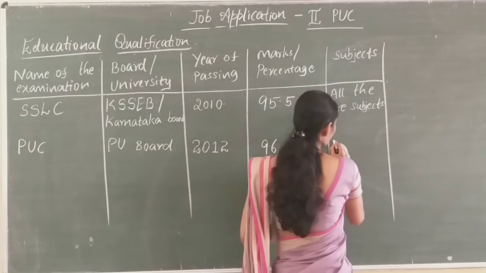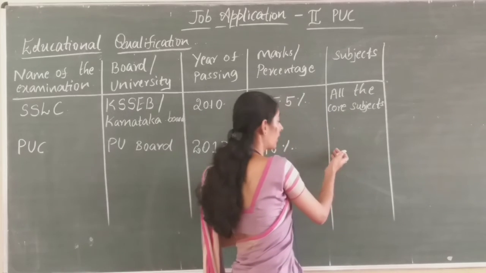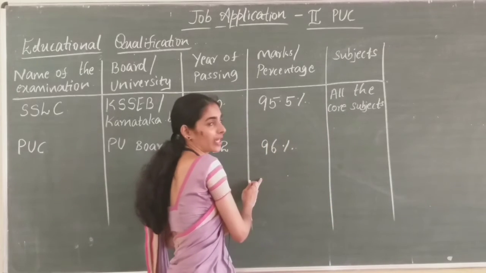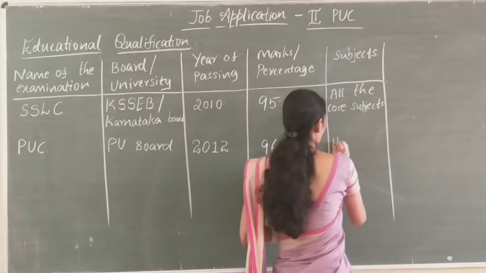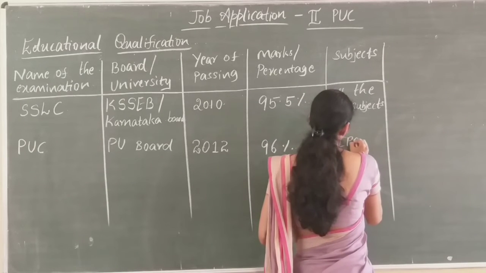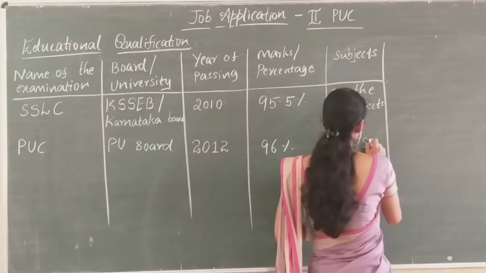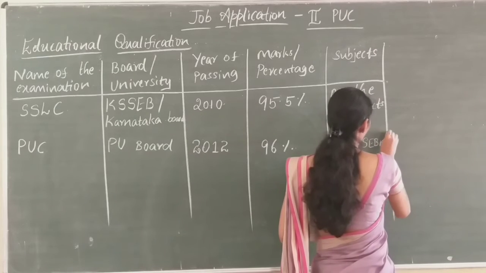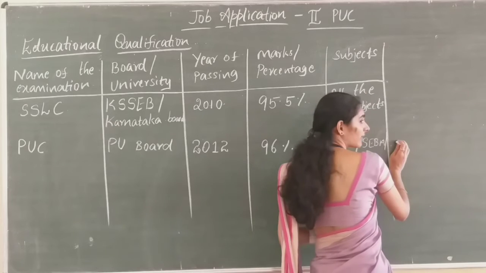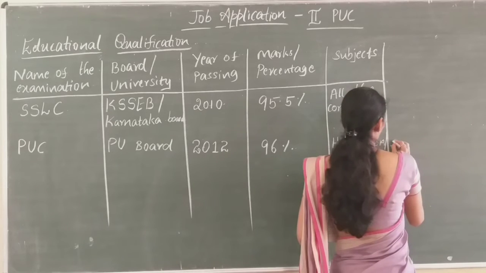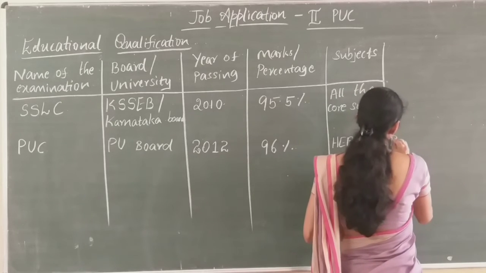Here you can write HEPS if you have taken arts. Or if you have taken commerce, SEBA, anything, that is up to you. Or ECBA, and then science, PCM, EPCM, and then PCMB, anything.